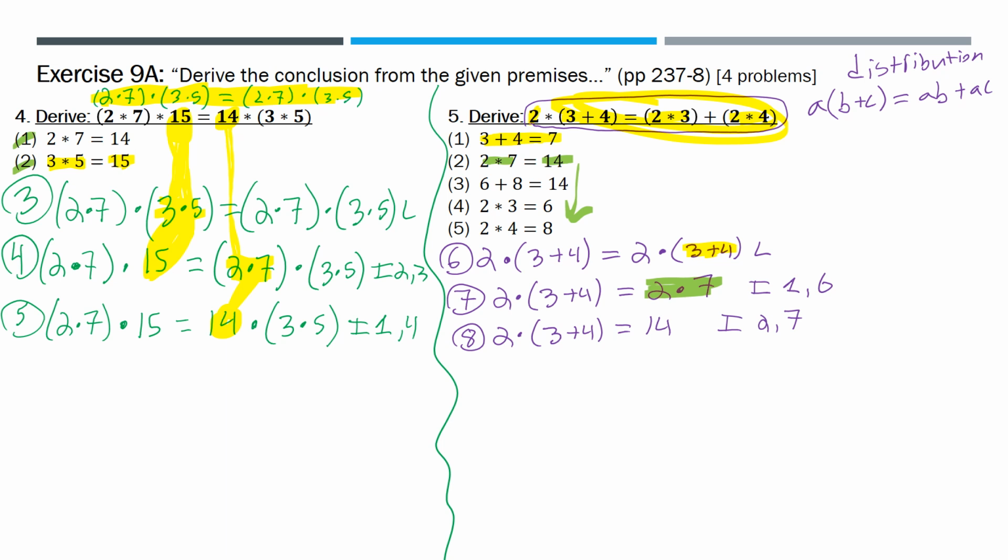Line 3 tells us that 6 plus 8 is identical to 14. So for line 9, 2 times the quantity 3 plus 4 is equal to 6 plus 8. The rule of identity, lines 3 and 8.